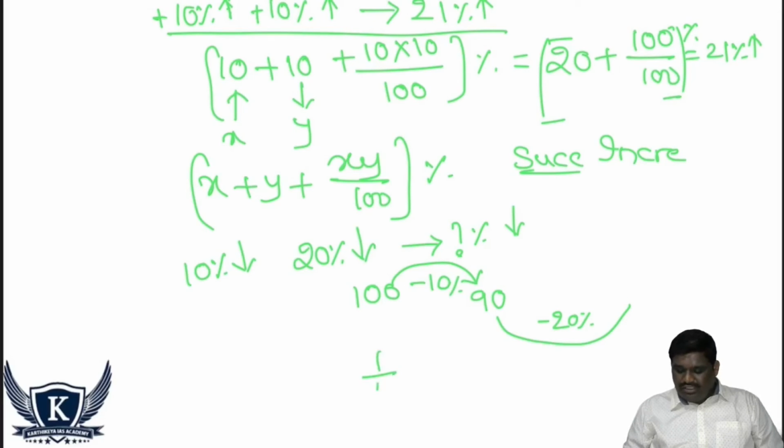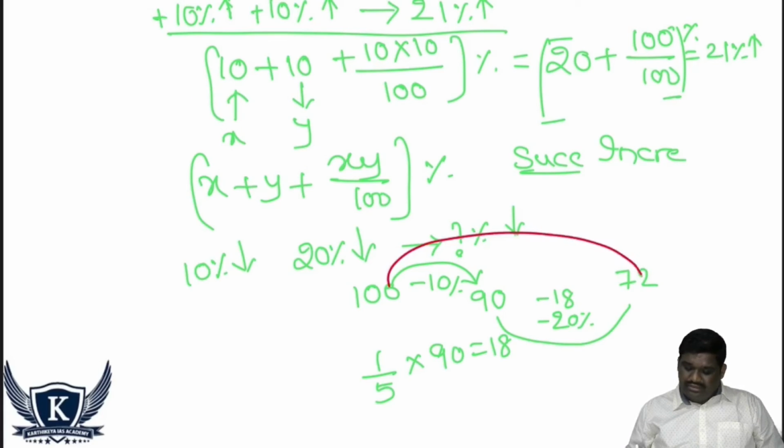As we know, 20 percent is 1 by 5. 1 by 5 into 90 is 18. So 18 rupees was reduced, and it will be 72. Here we started with 100 and ended up with 72. So the overall discount is 28 percent.